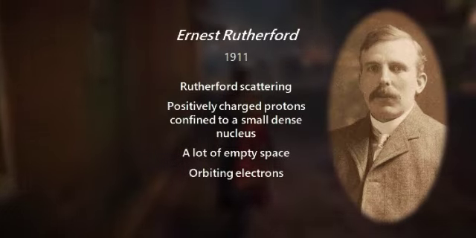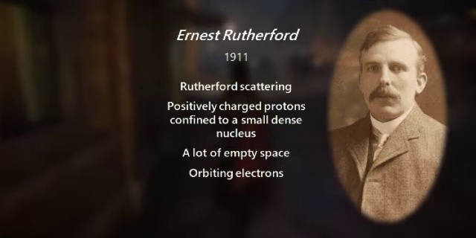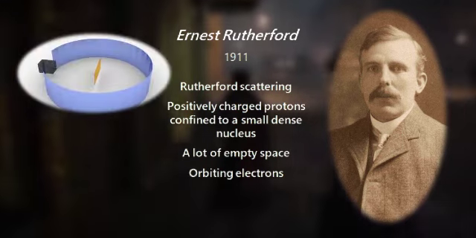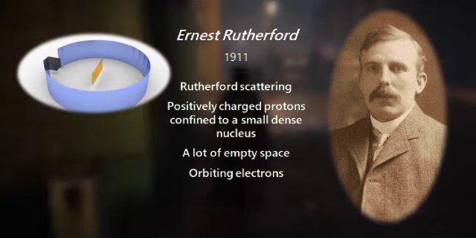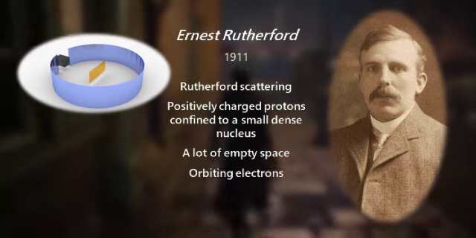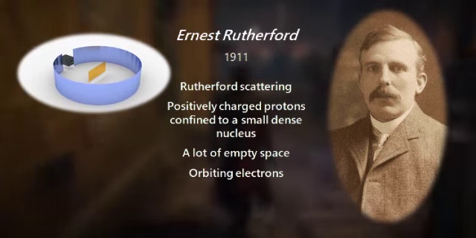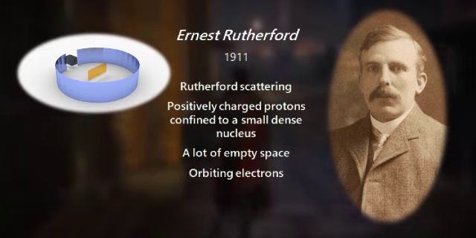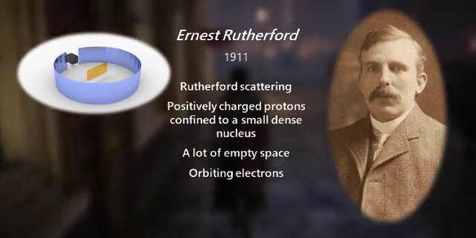One of Thompson's students, Ernest Rutherford, devised a scattering experiment to find out more about this cookie dough mass of an atom. This consisted of a black box on the left, firing radiation of alpha particles at a thin gold leaf in the centre, and observing how these particles scattered over a curved fluorescent screen.